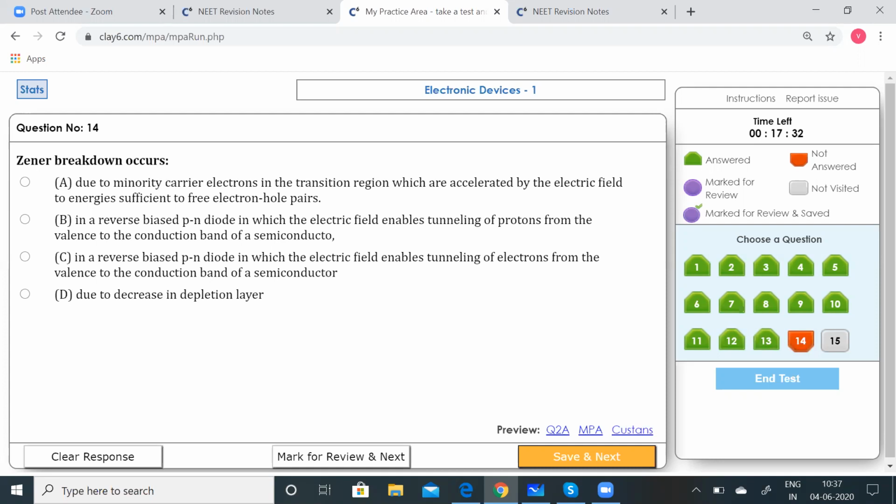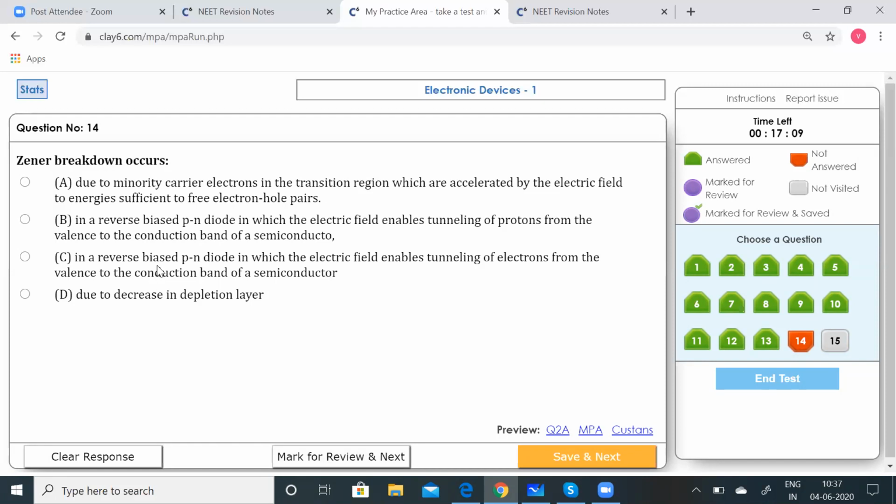14th one. I was insisting on the Zener breakdown, a very important concept we have to learn. Zener breakdown occurs due to minority carrier electrons in the transition region, which are accelerated by the electric field to energies sufficient to free electron hole pairs.